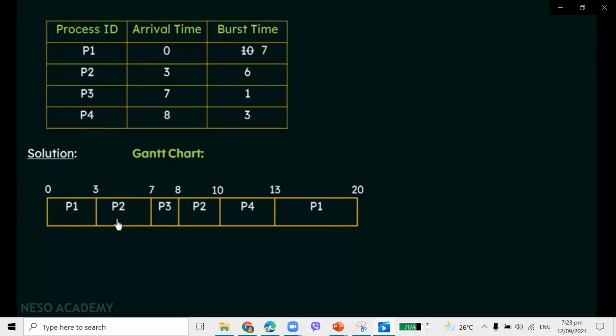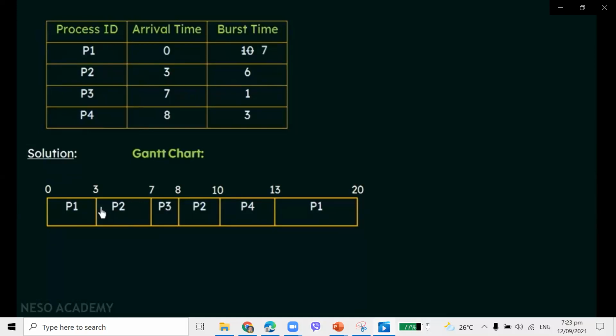And how long will P2 execute? The burst time of P2 is 6 milliseconds. So let us see if it will be allowed to continue its execution or what will happen. If we see the next arrival time, the next process to arrive after P2 is process P3 that arrives at the 7th millisecond. So let's see at the 7th millisecond what is the condition of P2. The burst time of P2 is 6 milliseconds and it began its execution from the 3rd millisecond.